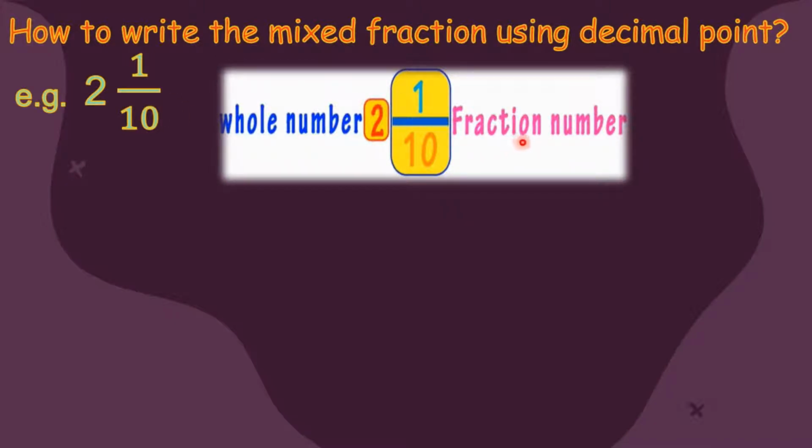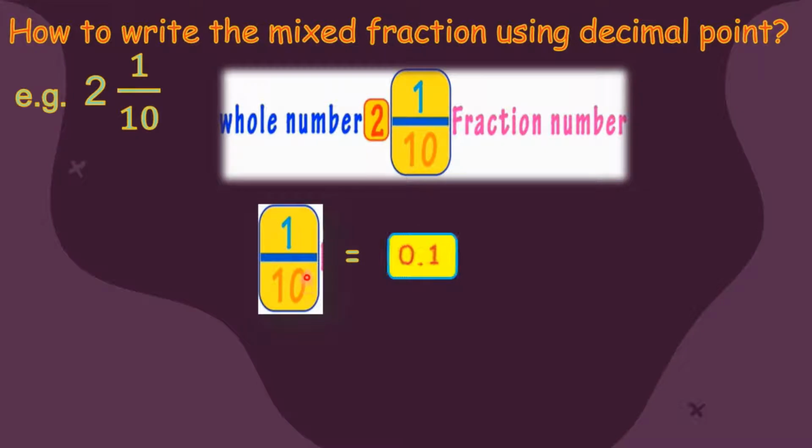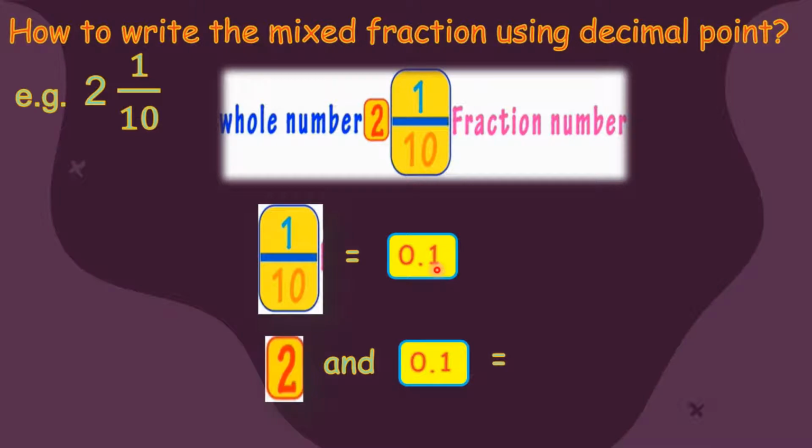So first, let us write this fraction part 1 upon 10 using a decimal point. So it will be 0.1. Now let us write the whole number and the fraction part of this mixed fraction together using a decimal point as 2.1.